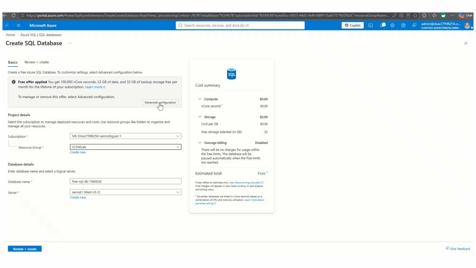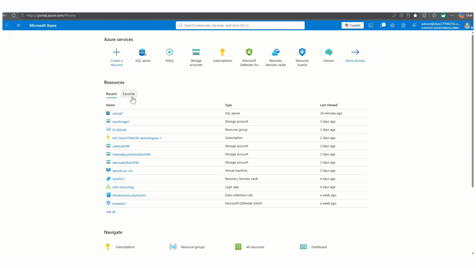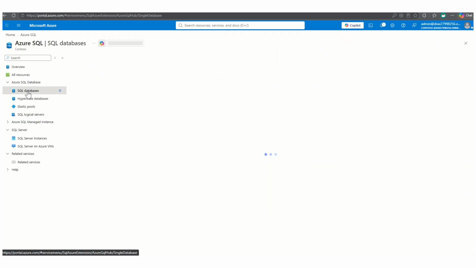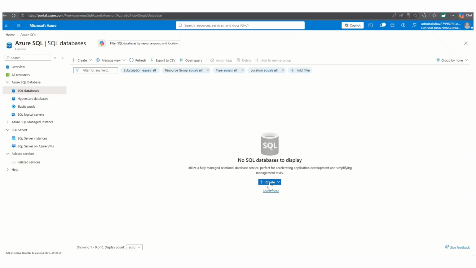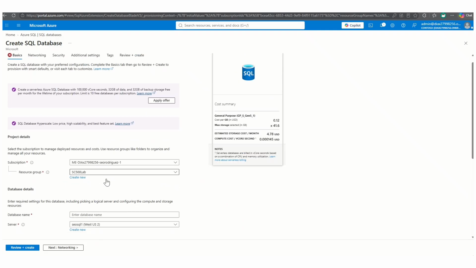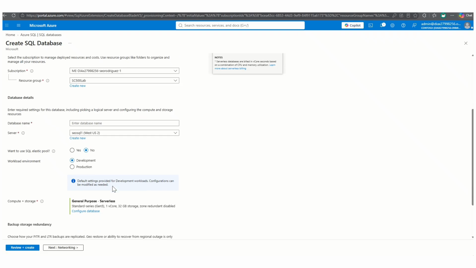If you want to do some advanced configuration, the free tier may not have much stuff to do. Let me go back and go into databases. Yeah, you get a lot more features over here when you choose a paid tier.